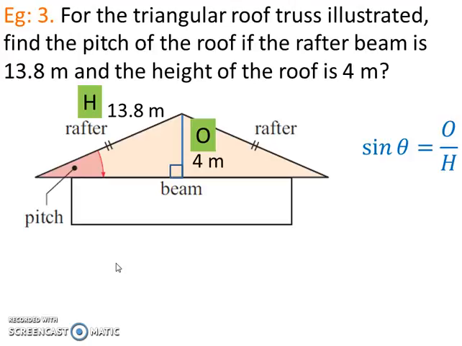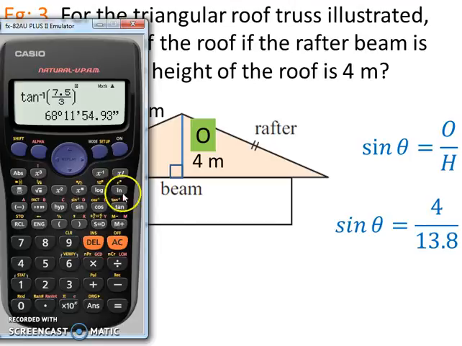So you set up your ratio by substituting in the opposite of 4 and the hypotenuse of 13.8. To do that on your calculator, clear that, shift sine of the fraction of 4 over 13.8, arrow across, close your brackets, equals, to put it into your degrees and minutes.